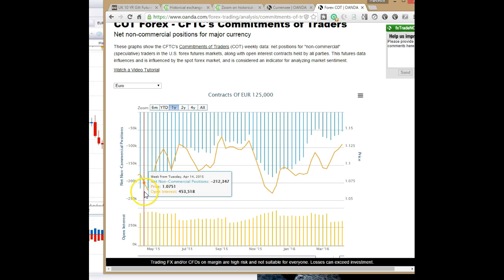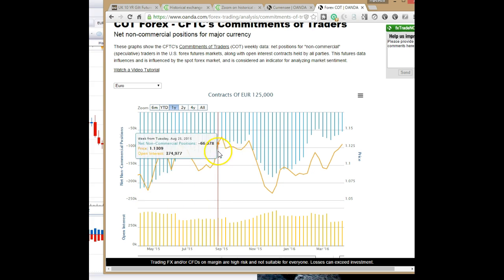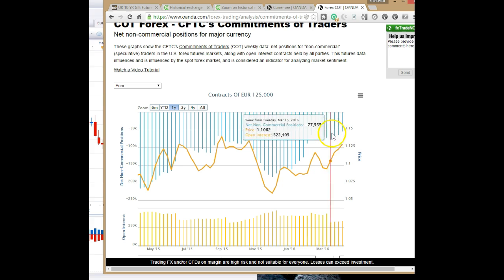Heavily short, a bit less, again heavily short, and a bit less. So it is getting lighter, and this is the last commitment of traders report from the 5th of April. So it was last Friday for the Tuesday. Sorry, last Friday was the 8th, and it relates back to the Tuesday, the 5th of April.